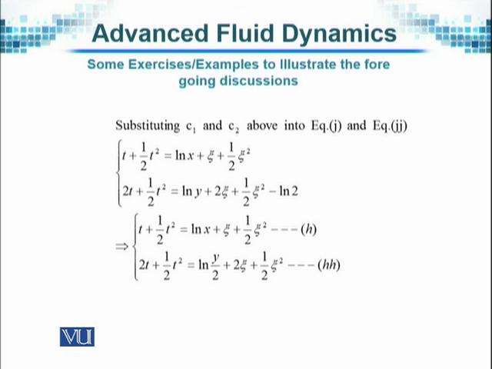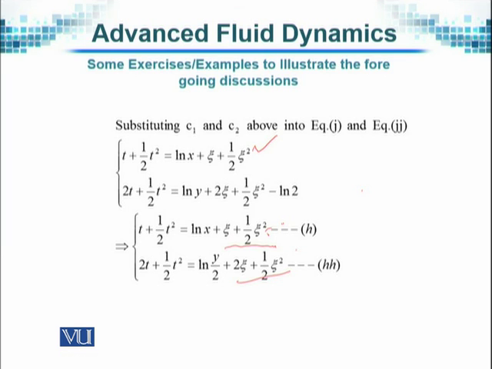Substituting these values of c1 and c2 that we just calculated in our equations, we obtain these values, and now you can see that the constant c1 is eliminated and substituted by this value and c2 is substituted by this value. These are two different values.